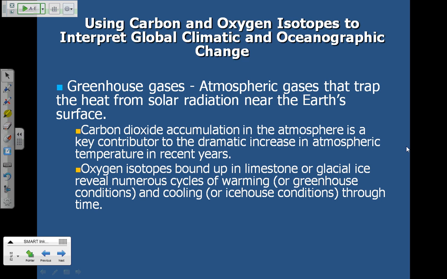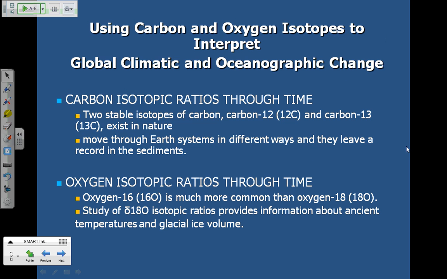Basically, we can take limestone or glacial ice, and we can look at the oxygen isotopes in it. We come up with something we call delta O18, which is the ratio of different isotopes of oxygen. It turns out that different temperatures relate to different ratios.